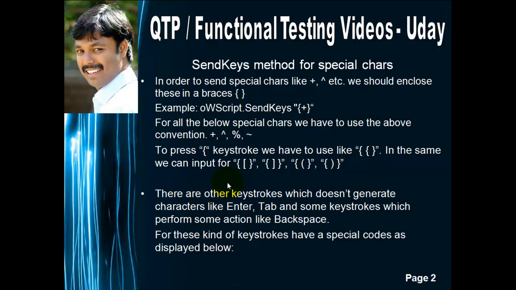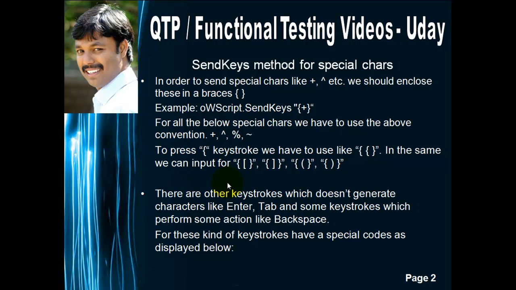For example, if you enter an x, it will be displayed in the application. But when you press enter, it doesn't show any character, whereas it performs some action, right? Like enter, tab, like that.